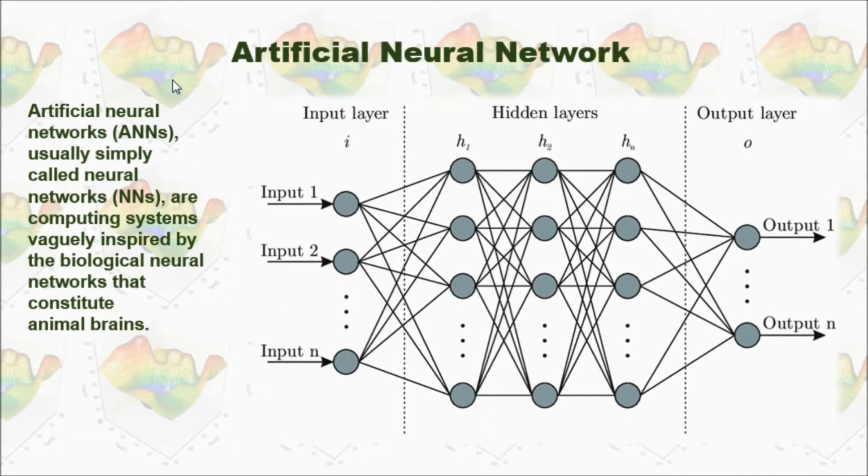Usually, our artificial neural network looks like this. On the left side, we have our input layer. On the right side, we have our output layer. And in the middle are those hidden layers.